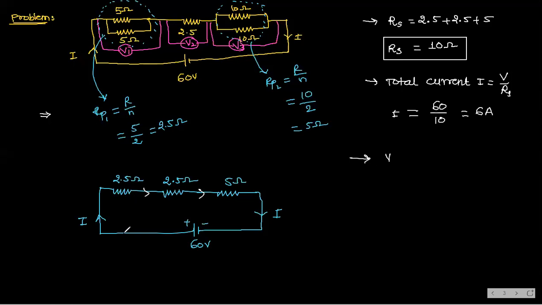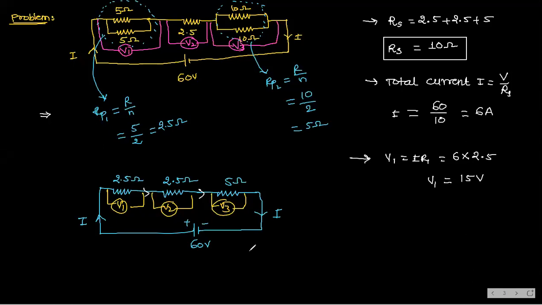Now next is V1. Where is V1? Across the 2.5 ohm you are having V1. Here it is V2, and here it is V3. Now V1 is equal to I into R1, that is 6 into 2.5, which is 15 volt.